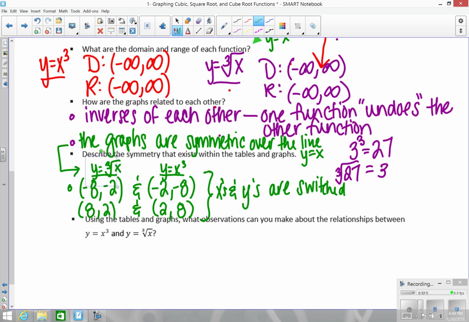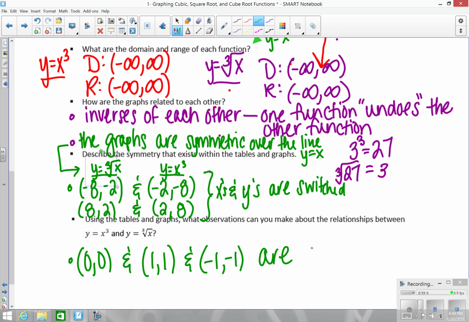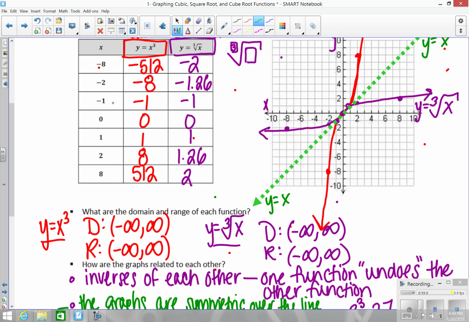Same idea. We also see that 0, 0, and 1, 1, and -1, -1 are all points. So see how we have that again? And that's because if you cube -1, you get -1. If you cube root -1, you get -1. Same thing with 0. Cube 0, you get 0. Cube root 0, you get 0.